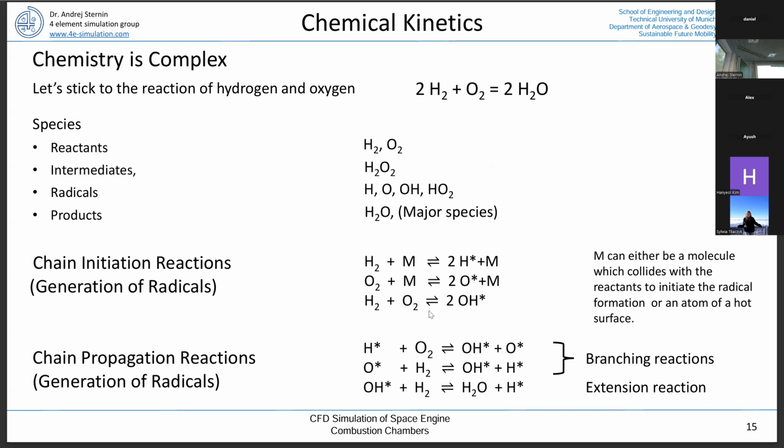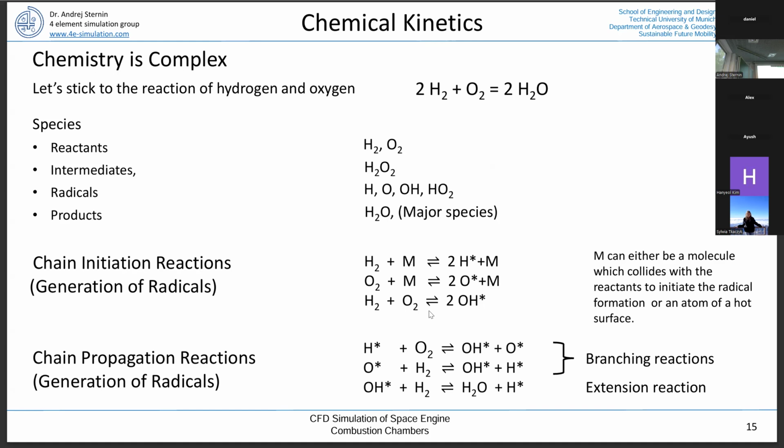In hydrogen oxygen, the number is small. In hydrocarbon, the particle soup is tremendous. It could be 100, 200, 300 different kinds of species. Each may act as a partner to provide energy through collision to generate radicals.